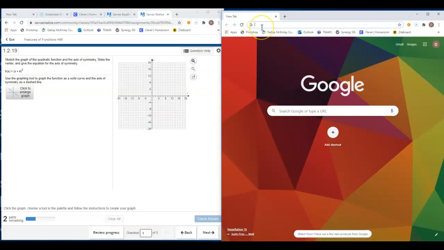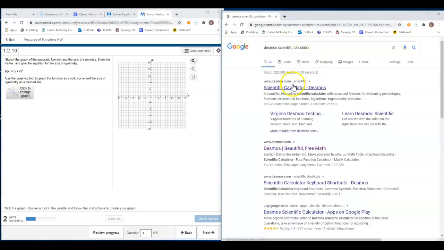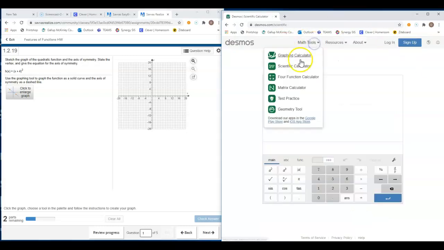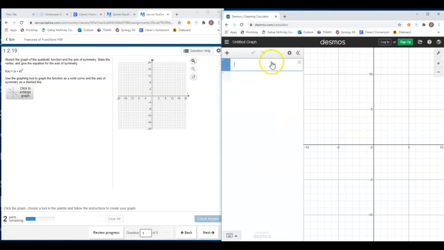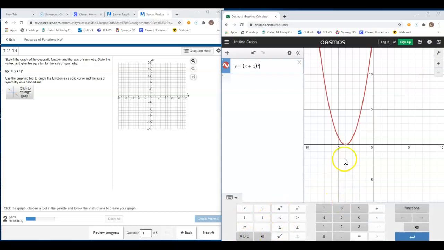So what we can use is Desmos. Oh, I'm sorry, not the scientific calculator. We want the graphing calculator. And we're going to put in this function here. Remember that h of x is a y, so y equals the quantity x plus 4, and if I put my keyboard up, I can see there's a little squared button here.